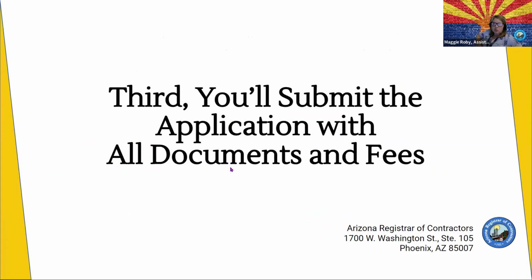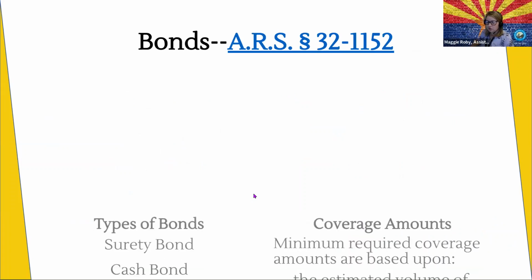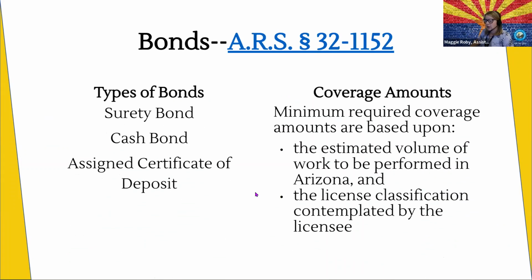All right, so once you've gone through all of these steps, you've registered your entity with AZCC, you have all the people on your license, your qualifying party has taken tests, everything is ready to go. You're going to submit your application with all your documents and the fees. One of the documents that will need to be included in your application is your bond.